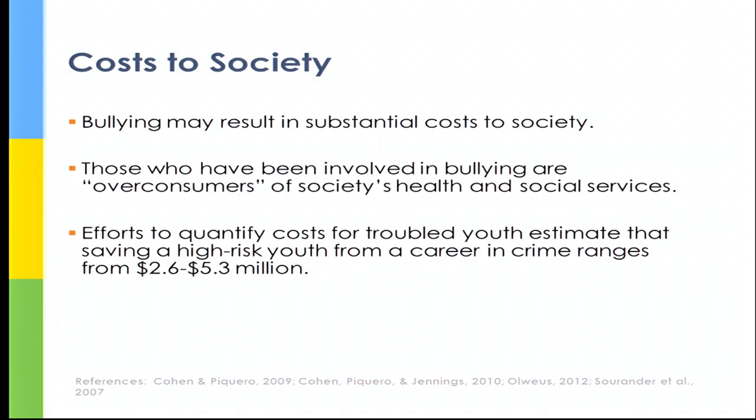Although we don't know precisely what these costs are, some researchers who've attempted to quantify related costs indicate that the cost of saving a high-risk youth from a career of crime is between $2.6 and $5.3 million per youth. Future research will no doubt help to quantify these societal costs of bullying, but I think there's certainly ample current evidence that the individual human price tag is far too costly.